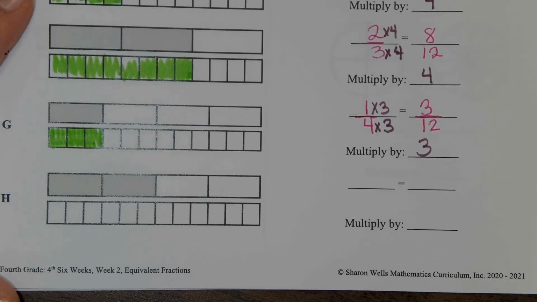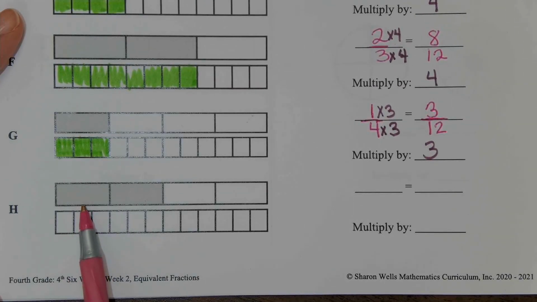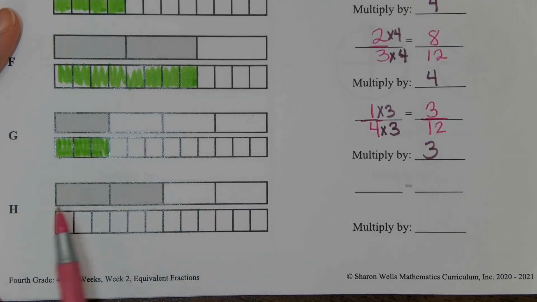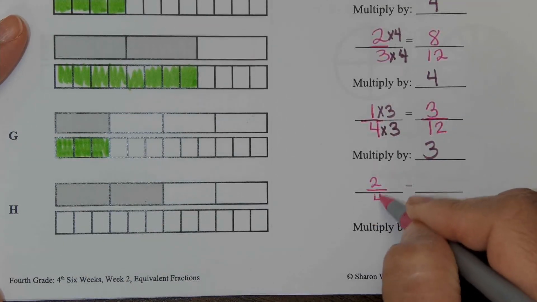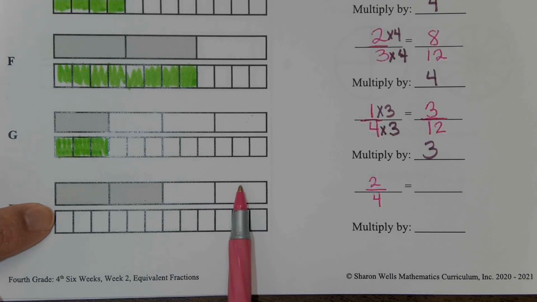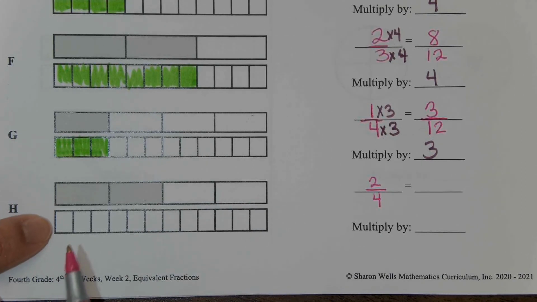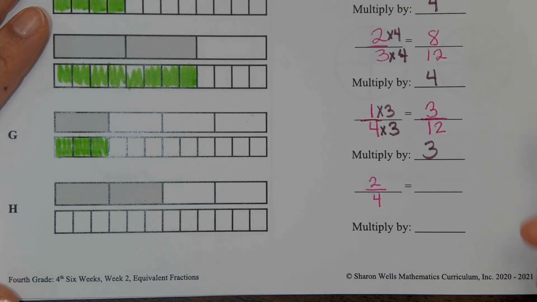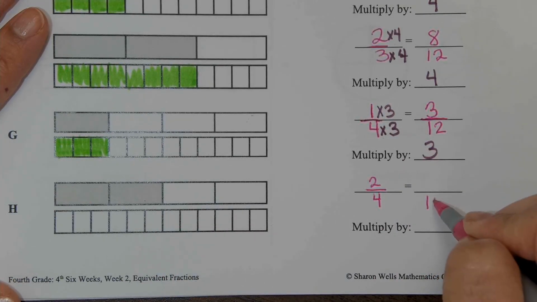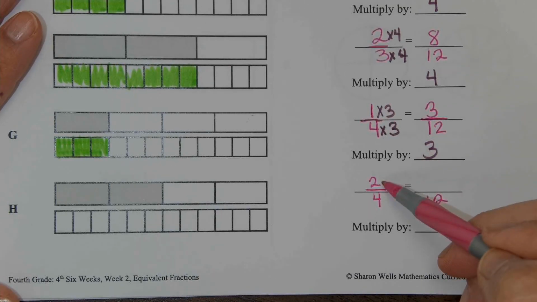Letter H. What fraction is shaded on the top rectangle? 1, 2. 2 out of 4. How many equal parts are on my bottom rectangle? 1, 2, 3, 4, 5, 6, 7, 8, 9, 10, 11, 12 equal parts. So how many parts do I have to shade to equal 2/4?